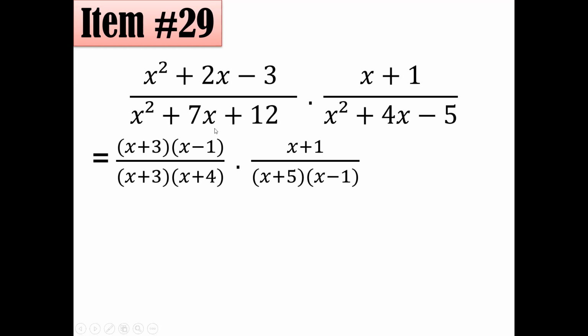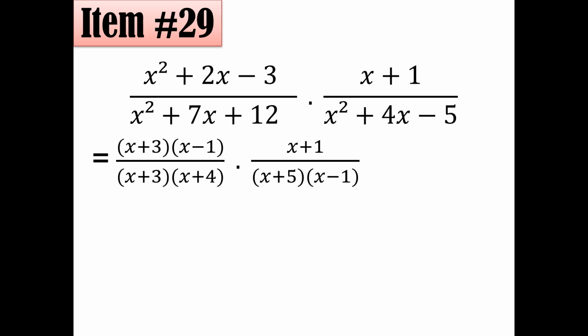Its denominator is x plus 3 times x plus 4. I hope we have mastered factoring our polynomials. The x plus 1 is already simplified, so just copy it. And its denominator could be factored as x squared plus 4x minus 5.